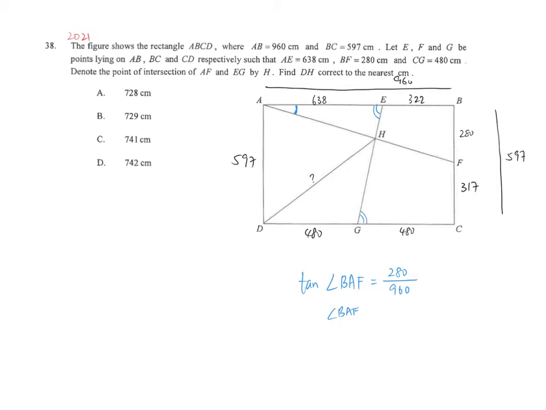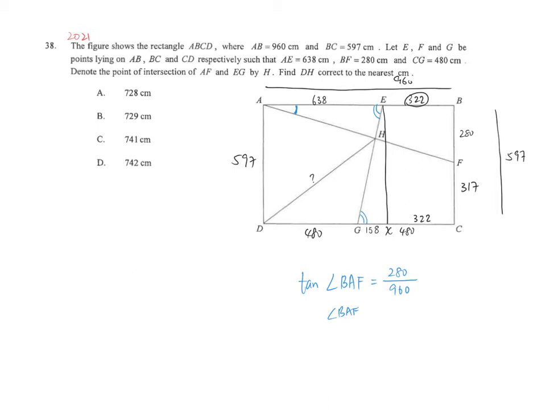If I now make a vertical line from E straight down, because this is a rectangle, do not forget, if this is 322, this part is 322. Therefore, the remaining part, if I make a new letter, say X, so GX will be 480 minus 322, which is 158.